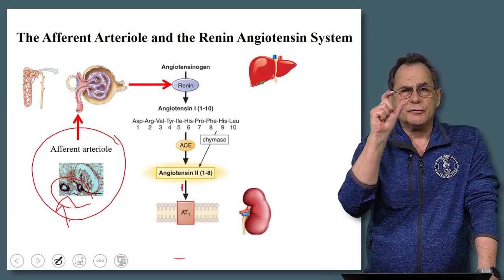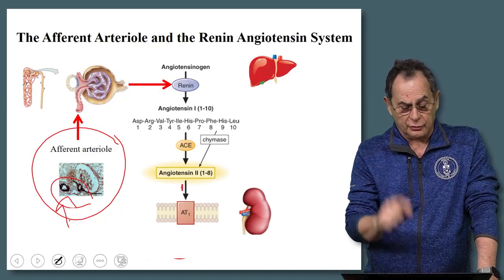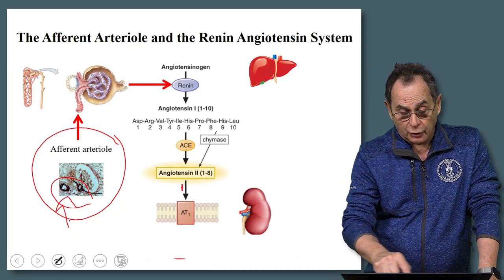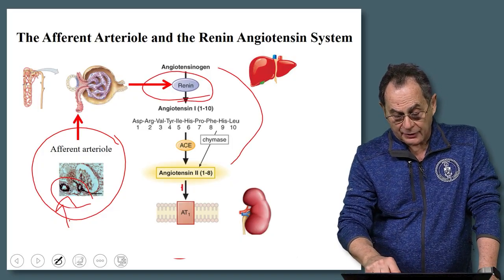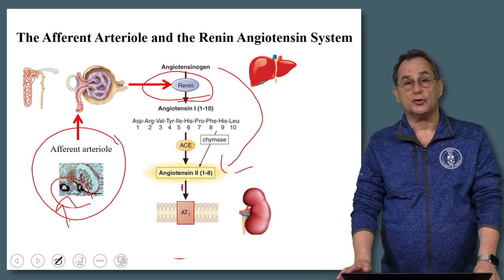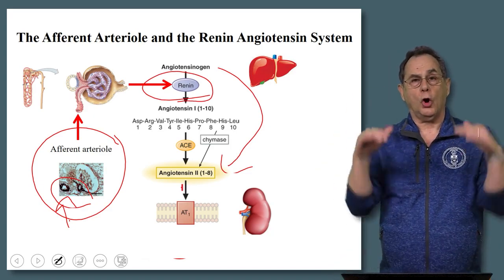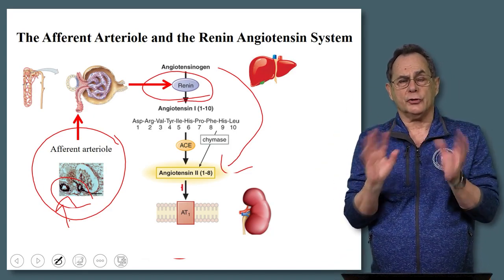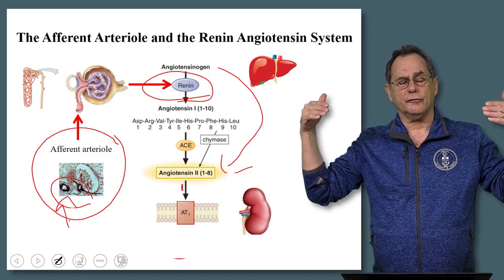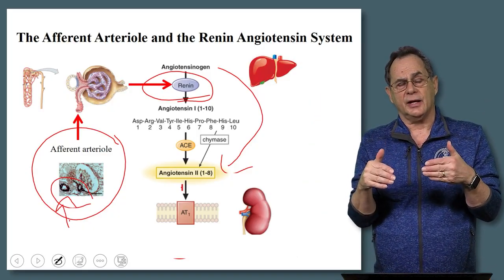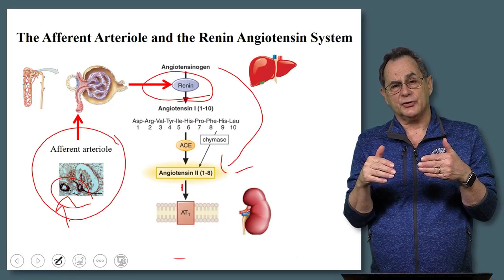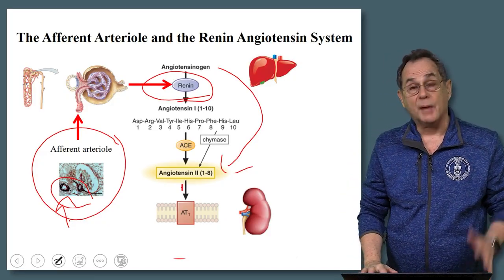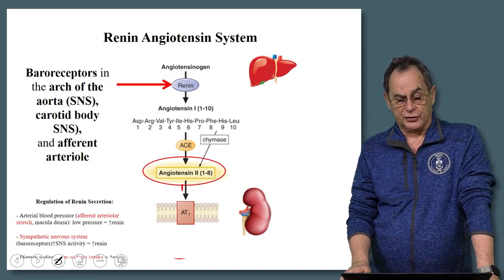So if the pressures and flows fall in these afferent arterioles, those afferent arterioles release renin into the circulation, and that drives the generation of angiotensin 2. So low pressures and flows within the arterial circulation serve to converge on the kidney to increase activation of the renin-angiotensin system as well as activation upstream of the sympathetic nervous system.